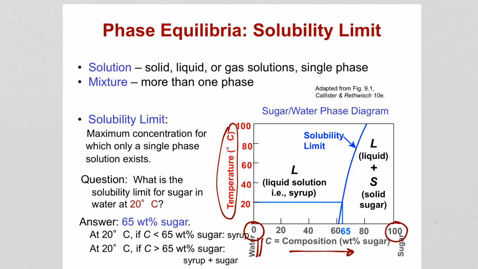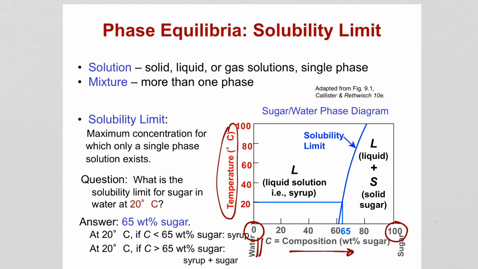Now the phases are separated. You see L represents the liquid solution and S represents the solid sugar, and different regions, different phases will be thermodynamically in equilibrium. So depending on what composition and what temperature you choose, you will have a different phase which is thermodynamically stable.